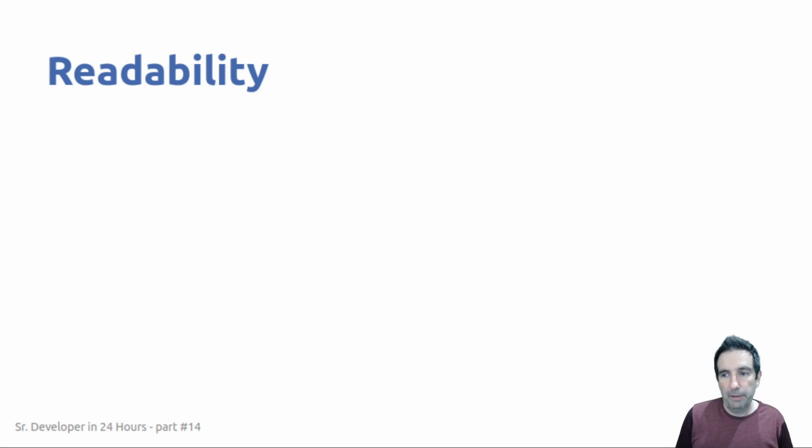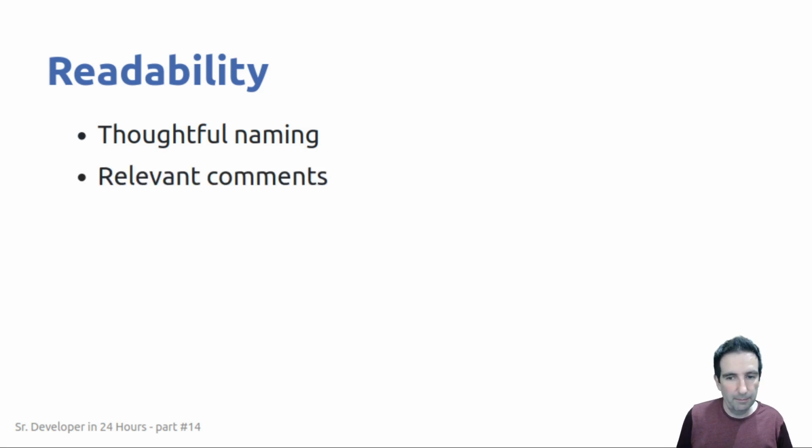Now let's talk about readability. Make sure that we can actually read and comprehend the code. For this, we want to have thoughtful naming of variables, functions, things like that. We want to have relevant comments that are not obvious. If you're a developer, you can read the code.